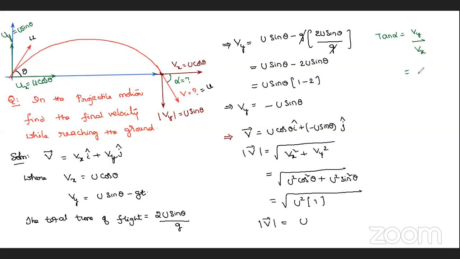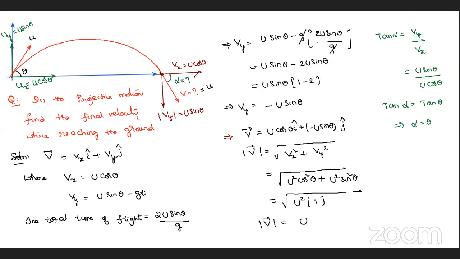Substituting both magnitudes, I will get u sine theta divided by u cos theta. So tan alpha equals, by cancelling u and u, tan theta. That implies alpha equals theta.